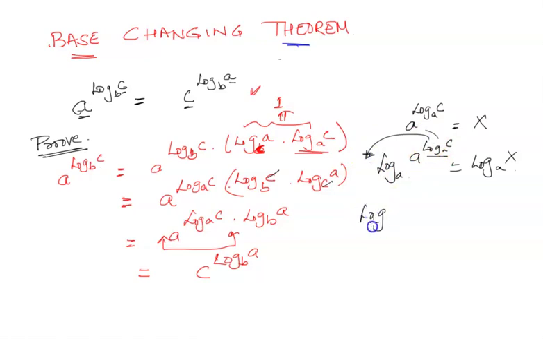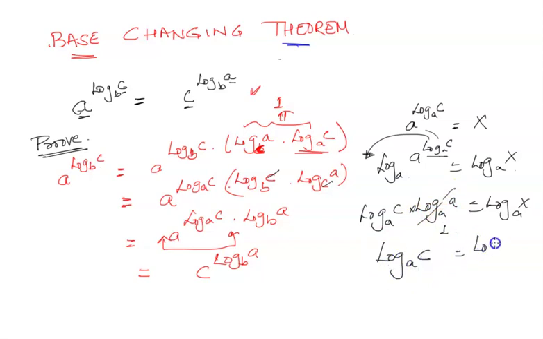So I can say log c to the base a into log a to the base a is equal to log x to the base a. This is essentially 1. So log c to the base a is equal to log x to the base a. And what does this imply? c is equal to x. It's basically this value, so we can substitute this value as c.